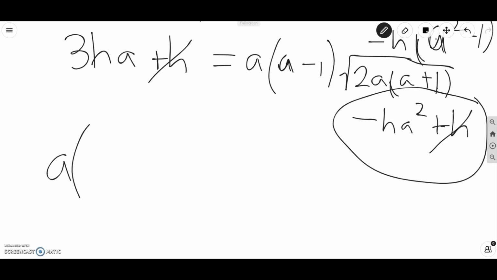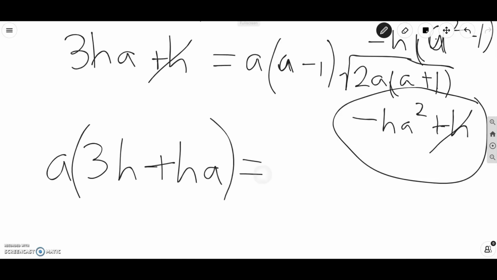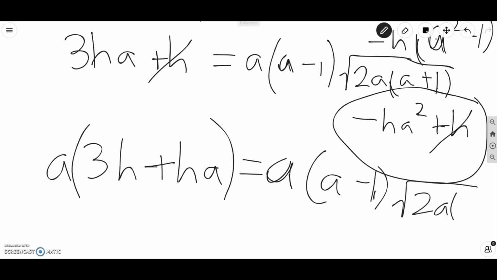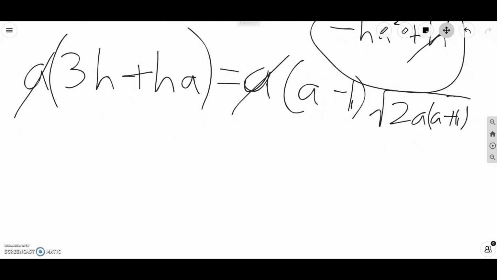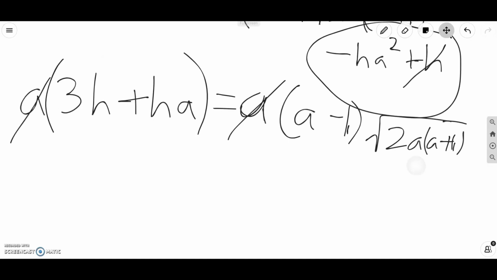So a times 3h plus ha equals a times a minus 1 times the square root of 2a times a plus 1. So we cancel out the a nicely, and now we're ready to square both sides. And the nice thing is, since all the h terms are on one side, we can finally substitute in what we want at the end.